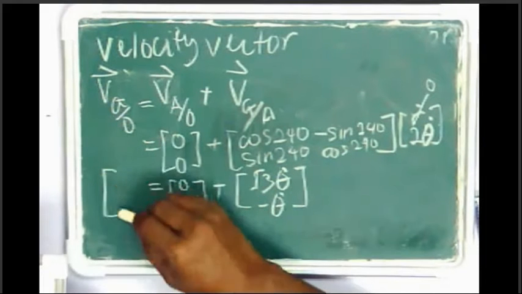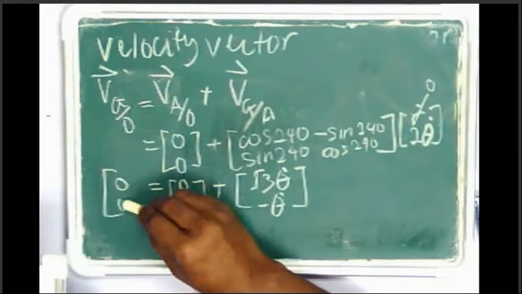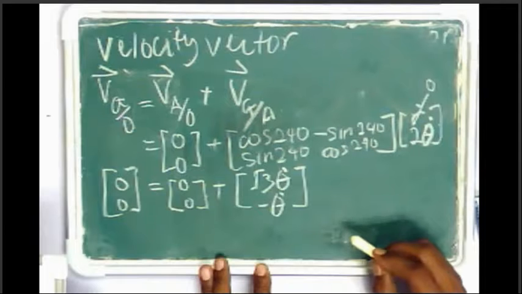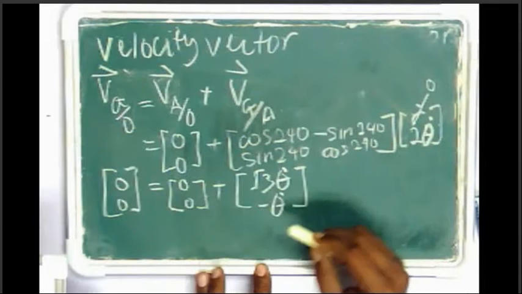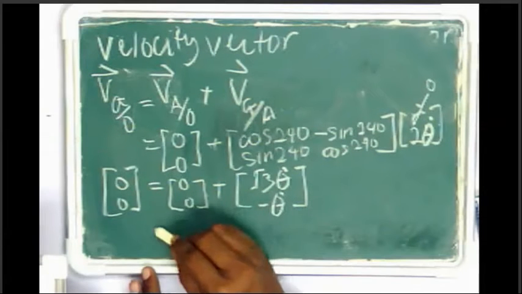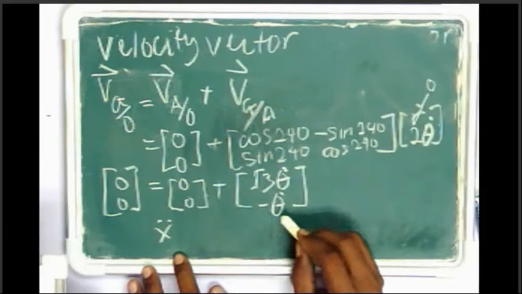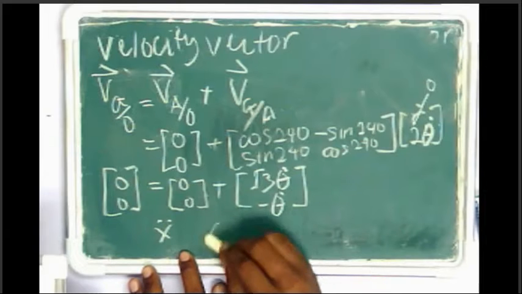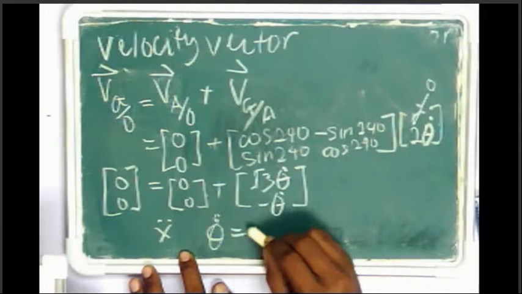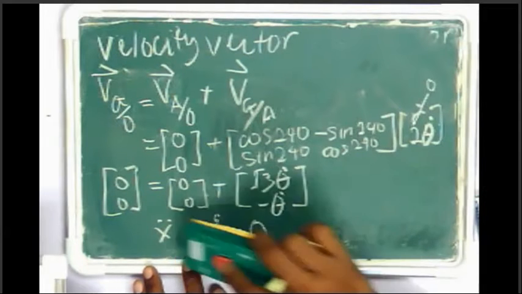So this one we've already found before is 0 because it is at rest. So from this equation we find that in the x component, or in the y component exactly, right? So we find that theta dot is equal to 0.